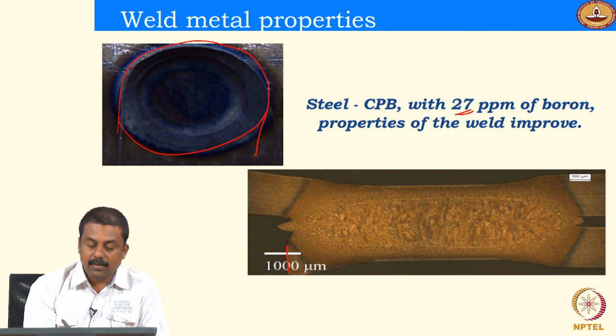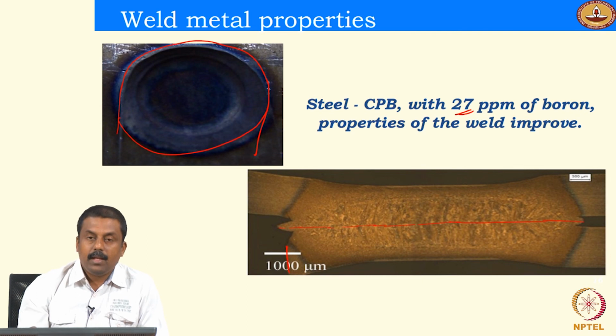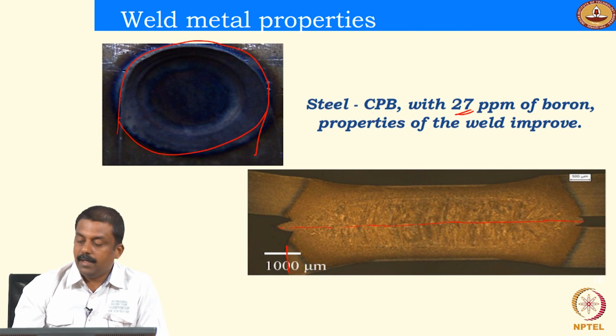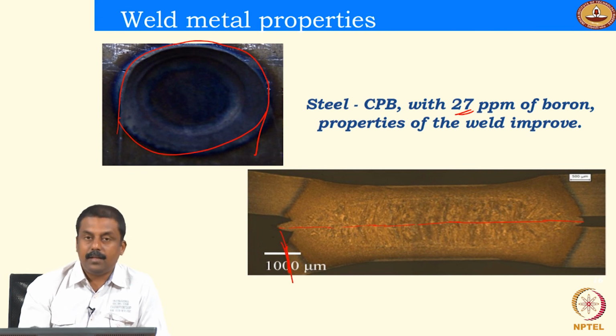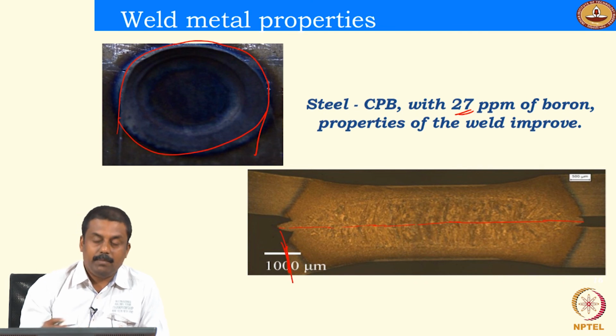That means that with the addition of boron, the center line segregation of phosphorus is minimized.